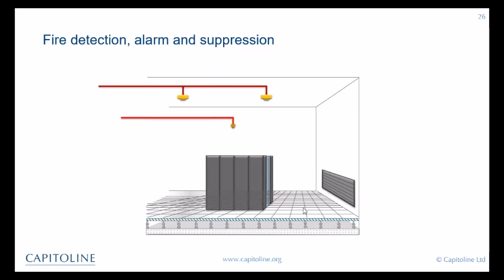So we talk about fire detection, identifying that a fire is in progress, alarm systems to warn people, and suppression systems, which are there to put out the fire. This is quite an interesting subject for most people who've not had any exposure to it previously, but we talk about all the details and recommendations for that.